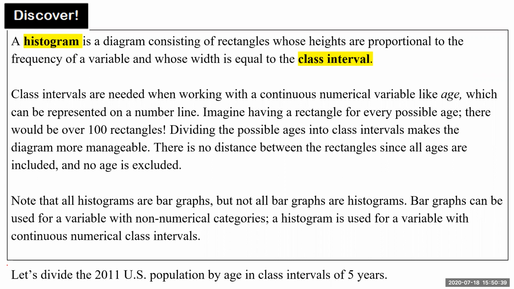Imagine having a rectangle for every possible age. There would be over 100 rectangles. Dividing the possible ages into class intervals makes the diagram more manageable. There's no distance between the rectangles since all ages are included and no age is excluded. So that is for a histogram.